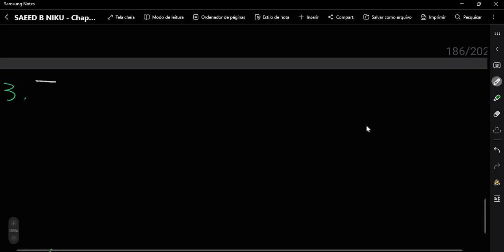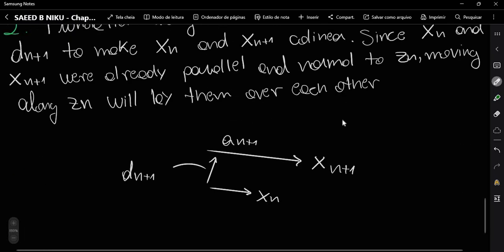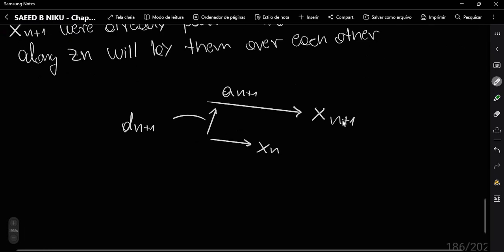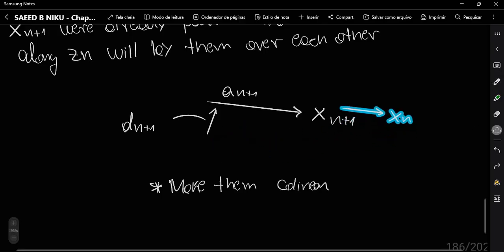Again, another translation. Let me just write this. I forgot collinear. Make them collinear. This will make them collinear. Okay, you got it.